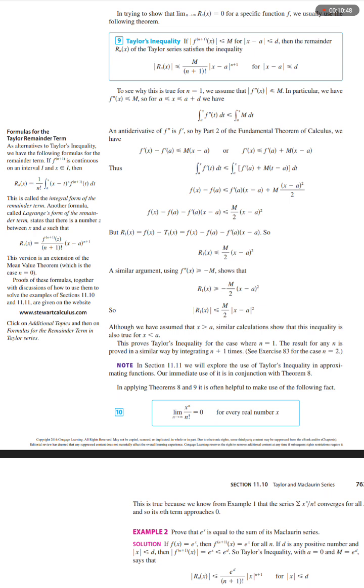So by part 2 of the fundamental theorem of calculus, we have f prime of x minus f prime of a is less than or equal to big M times (x minus a), or the first derivative of f of x is less than or equal to the first derivative of f of a plus big M times (x minus a).